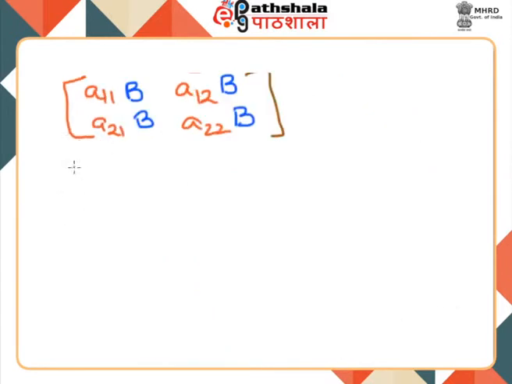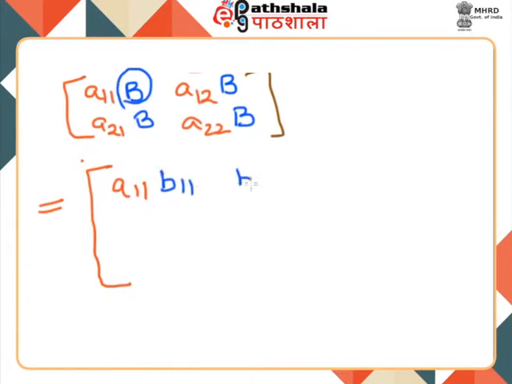So we take this earlier expression and we expand it. The direct product of A and B will be A11 with, in place of matrix B, B11, B12, B21 and B22. That is, with A11 we have multiplied the entire matrix B, so this comes in this position.